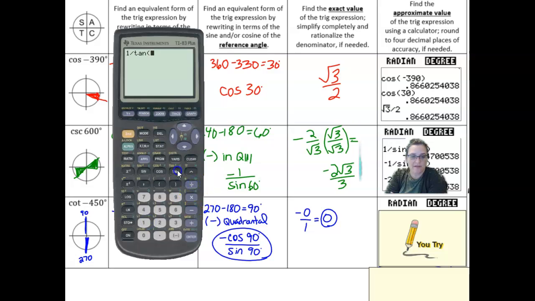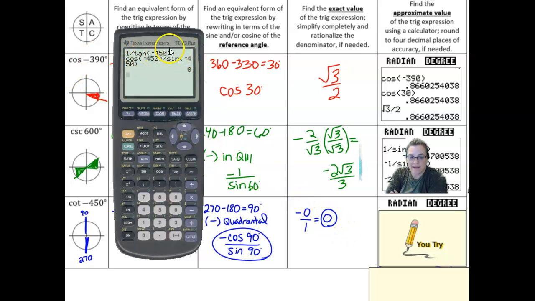So if we enter this as 1 divided by the tangent of -450, we get an error, a domain error. But if we enter it as the cosine of -450 divided by the sine, because we're using the quotient identity, of -450, then we get the 0 that we know is the right answer.